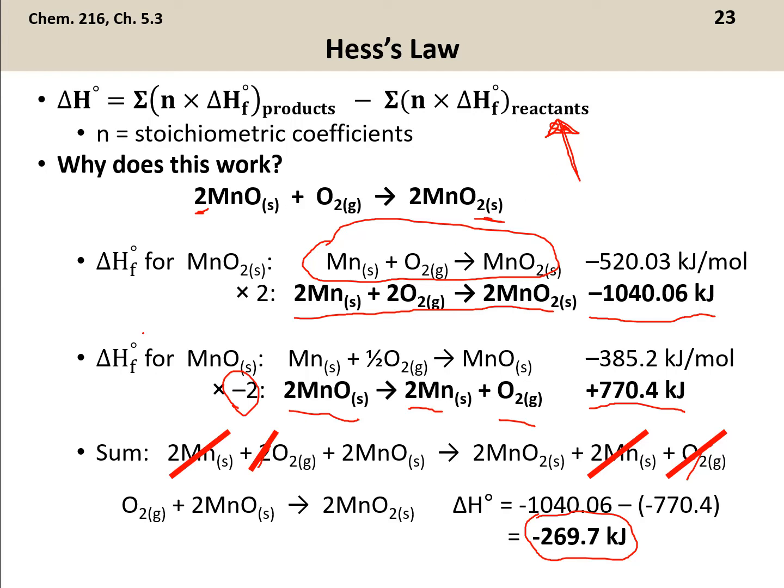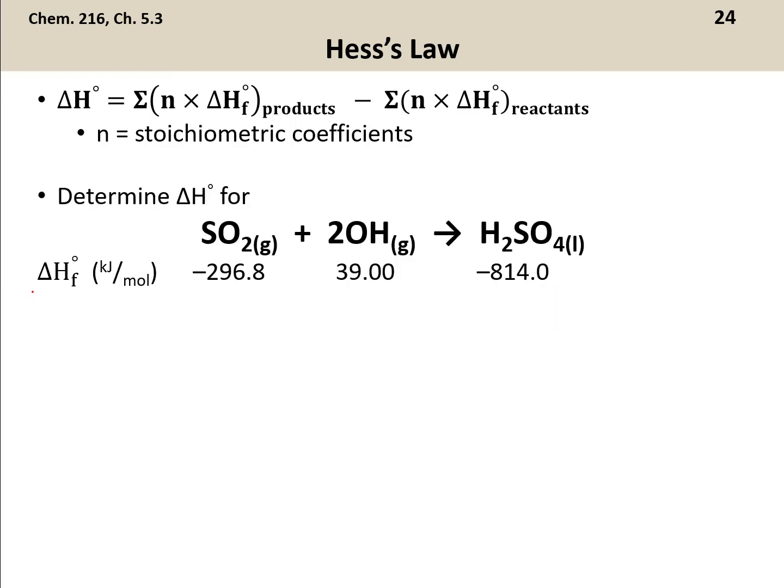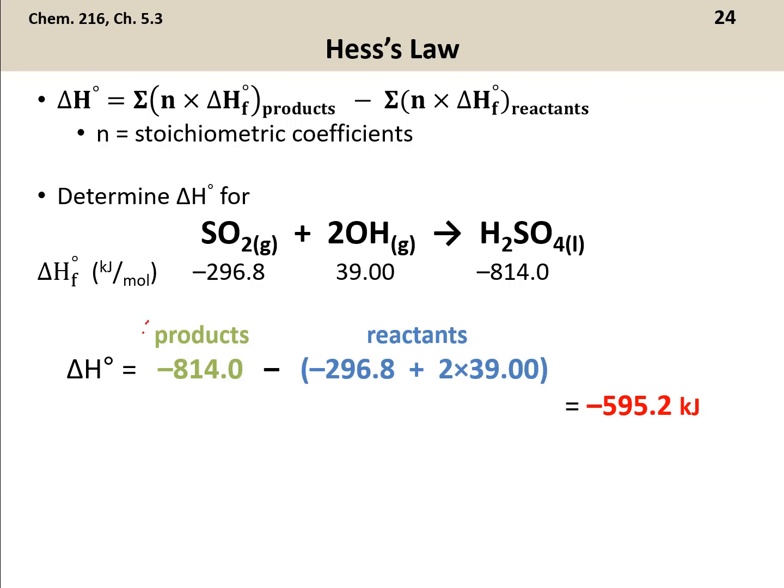All right, so let's do one more problem. Let's say we had this problem here. We want to figure out delta H for this reaction right here. I already looked up those delta HFs, so I can go ahead and do the products.